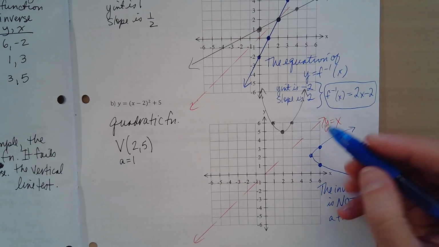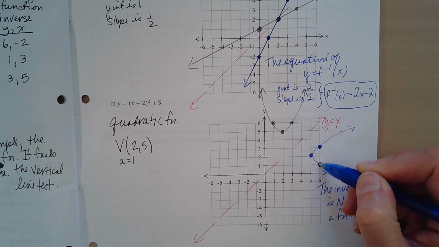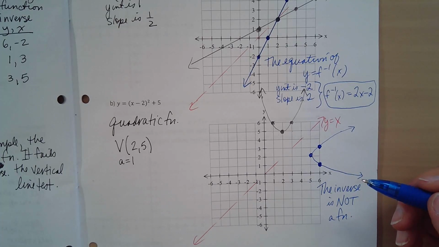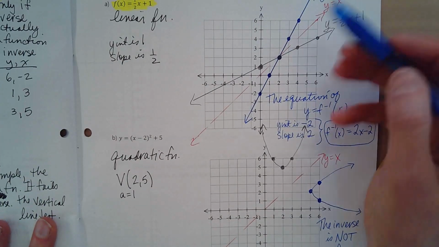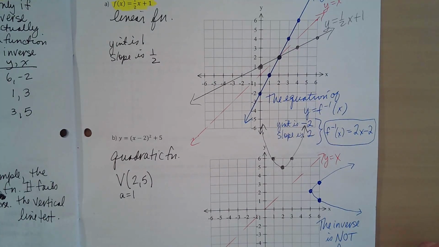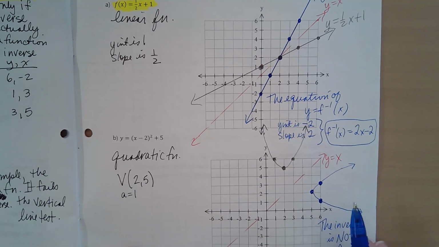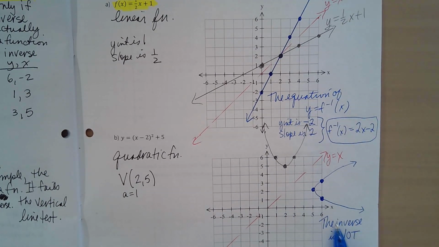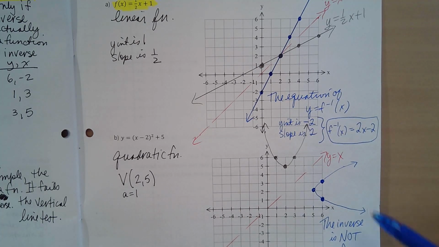Now, if I told you to come up with the equation of this one, I think it would be hard because you haven't studied sideways parabolas, right? This one you should be able to give me the equation of any line, because you guys know lines, but you've never studied a sideways parabola. So after the break, I'm going to show you how to come up with the equation of the inverse without even knowing what a sideways parabola looks like, right?